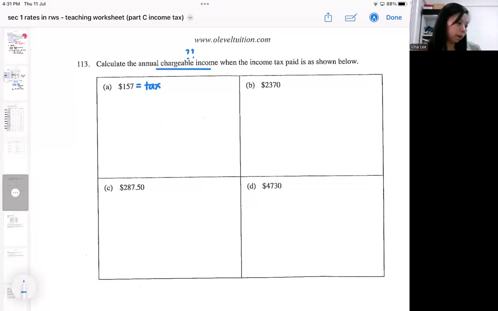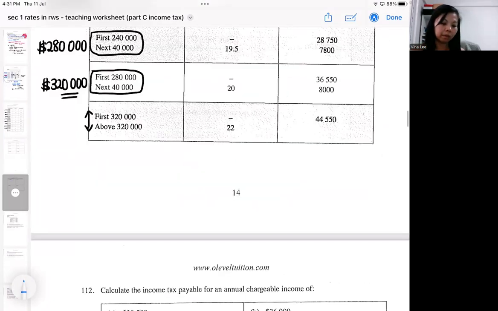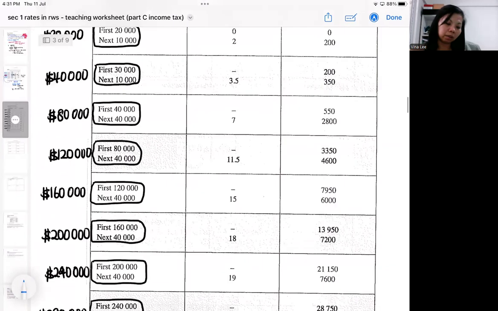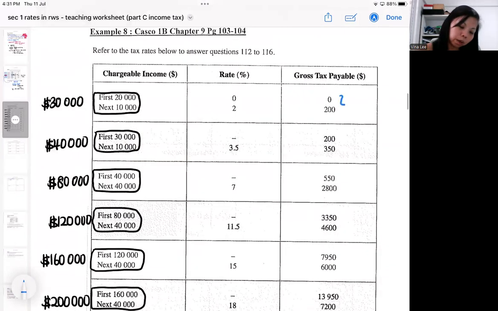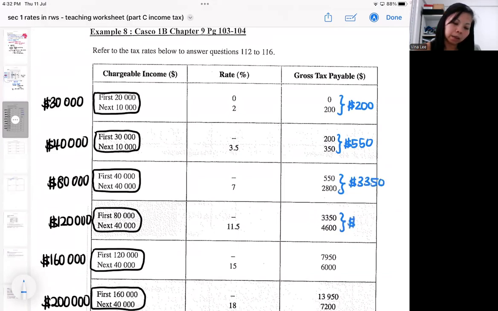Okay, so how are we going to do that? We are going to do it from the tax column. So you total up the tax first. Then later on, we're going to come to this tax bracket.